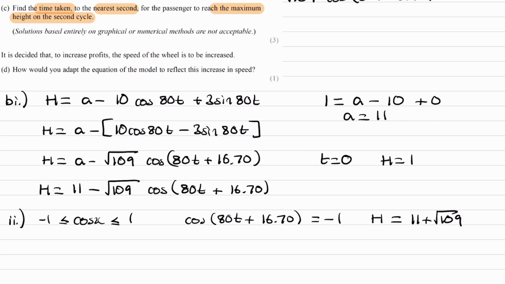So for part C, we are solving cos of 80t plus 16.7 is equal to minus 1, and from this we are finding the second time at which the passenger is at maximum height. So t is time, therefore we know that time must be greater than or equal to 0.